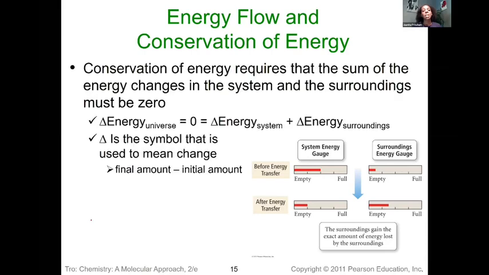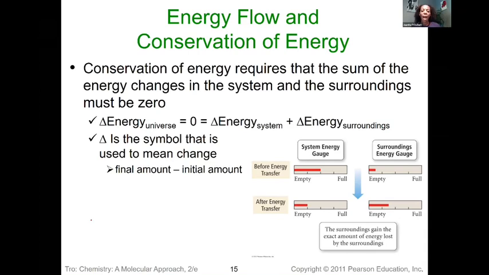If we go back to that gauge image that I showed you a few slides ago, we see that the overall energy being maintained within this transfer is equal. There's no real difference between the amounts, because one has lost it, so it's negative, and one has gained it, so it's positive. They're equal but opposite.